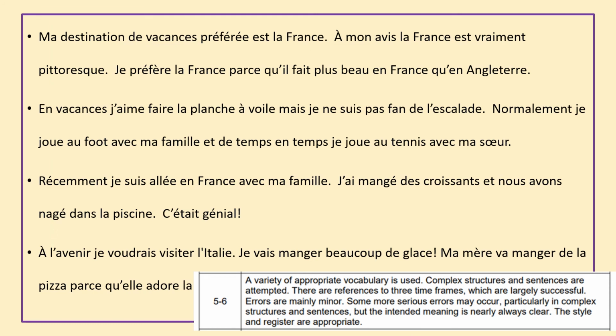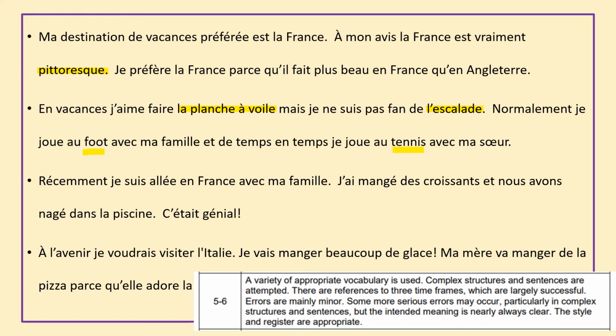Let's have a look how I did it. So let's have a look for variety of language. I've used a nice adjective here. I've used pittoresque. I chose some more unusual sports that I already knew, so la planche à voile and l'escalade. I did use football and tennis as well, but that was after I'd used the more exciting vocabulary.